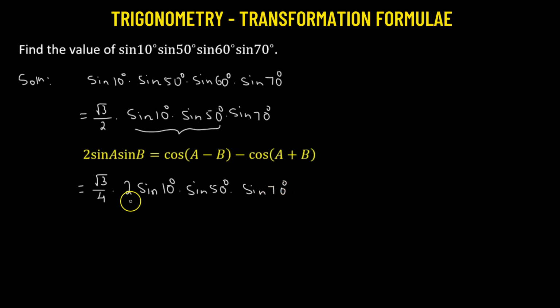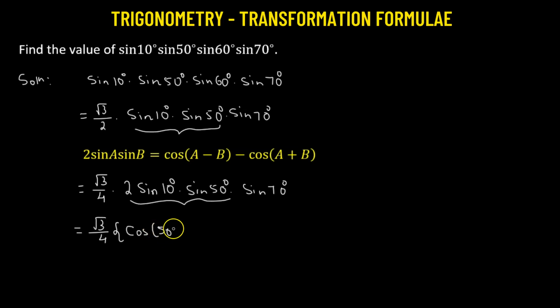So what we'll do, we'll apply the transformation formula to 2 sine 10 degrees times sine 50 degrees. So we should get square root of 3 over 4 multiplied to, now we have cosine of a minus b. So let's take a to be greater than b, and here we will suppose a is 50 degrees and b is 10 degrees.